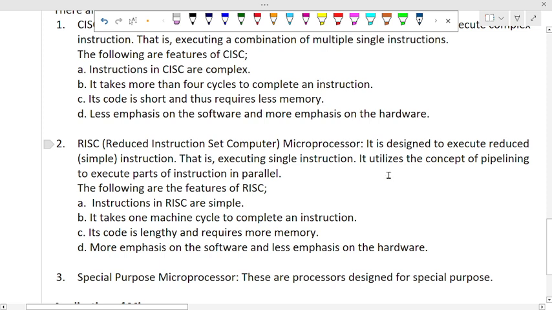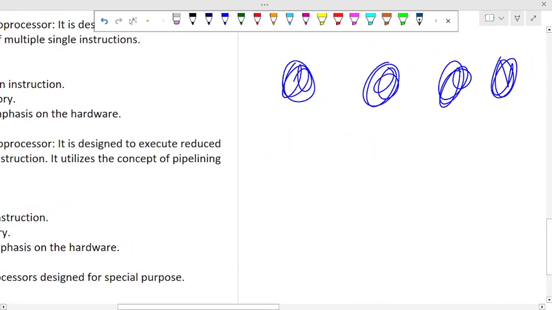But while we execute single instructions in RISC, it utilizes the concept of pipelining to execute part of the instruction in parallel. The pipelining idea just means while you are executing an instruction, you are fetching the next instruction. This is the simplest way you can look at the word pipelining. You can leave comments in the comment section and tell me what you think about pipelining.